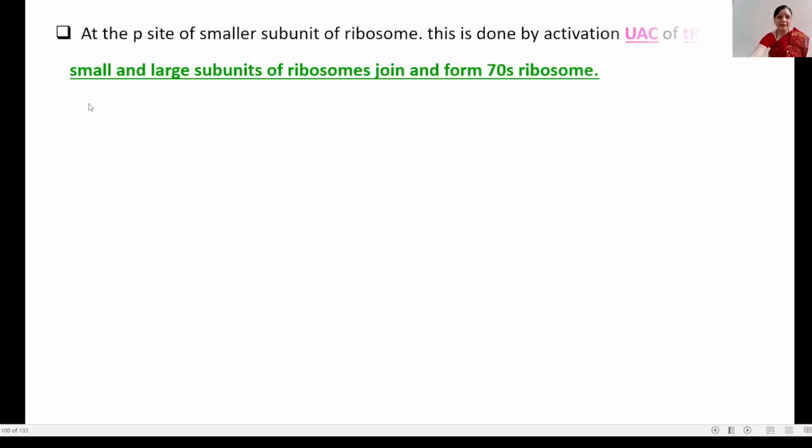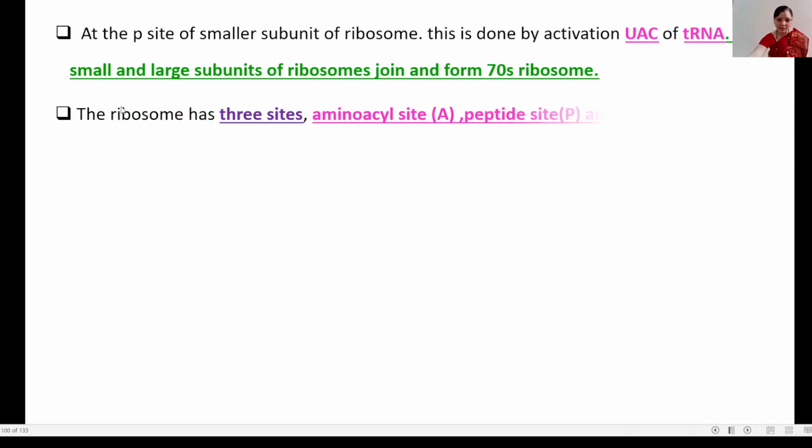Now, at the P site of the smaller subunit of the ribosome, this is done by the anticodon UAC of the tRNA. Then small and large subunits of the ribosome join and form a 70S ribosome. The ribosome has 3 sites. As mentioned earlier, which 3 sites? Aminoacyl site, that is the A site, peptidyl site, that is the P site, and exit site, known as the E site.